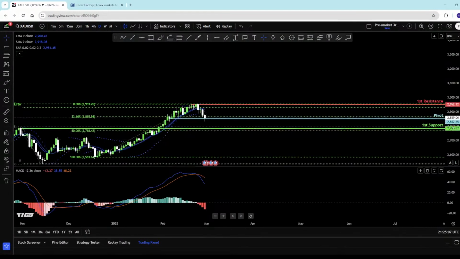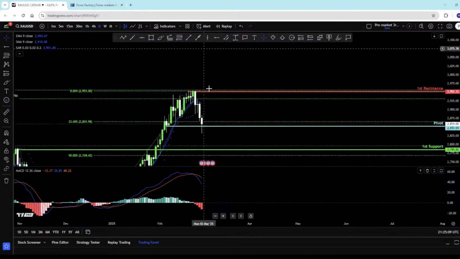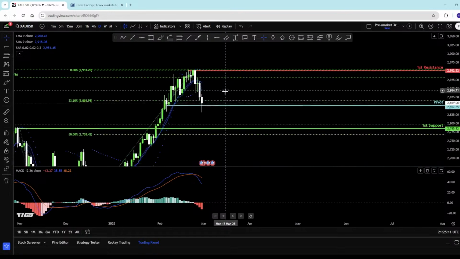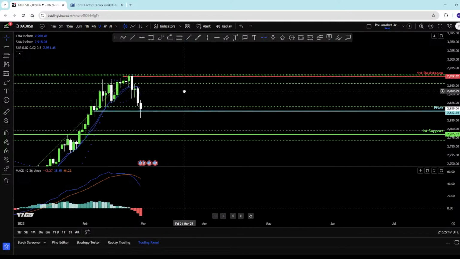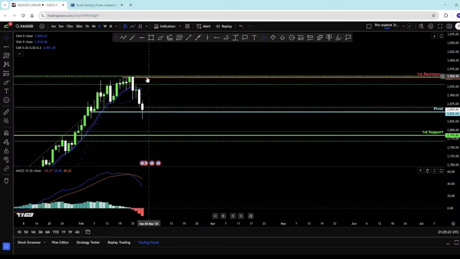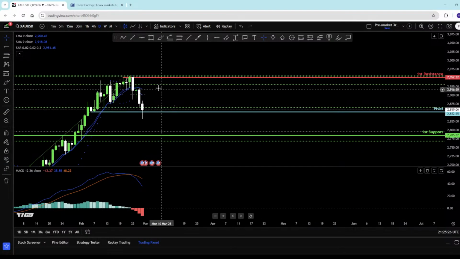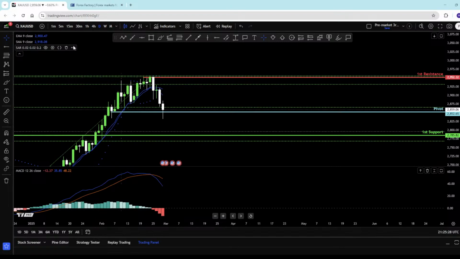Okay, here we have prices moving below the EMA and SMA. As of right now, we aren't really seeing prices. Oh, actually, okay, it is gradually moving below that SAR level.